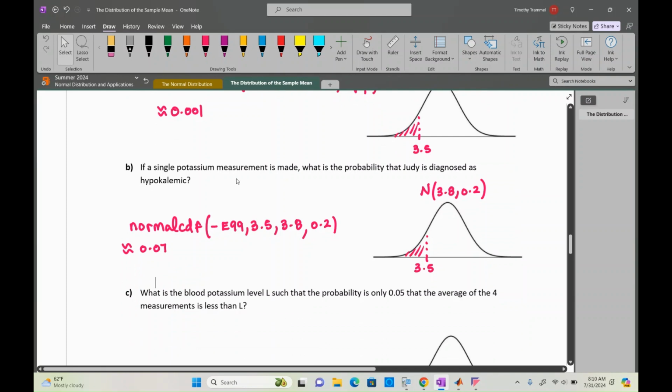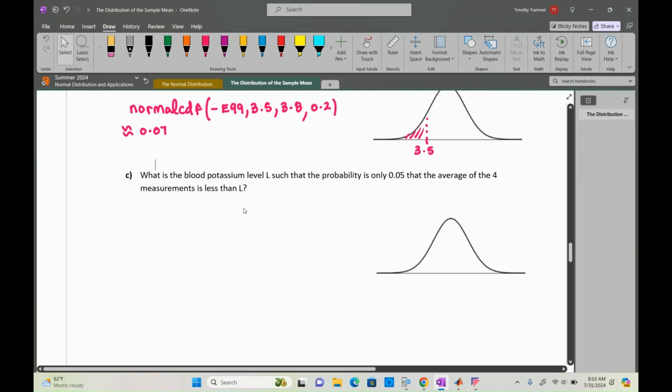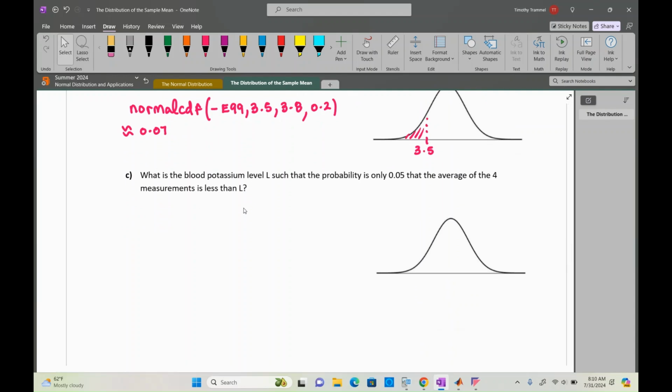All right, let's check out part C. So in C here, it says, what is the blood potassium level L such that the probability is only 0.05 that the average of 4 measurements is less than L?